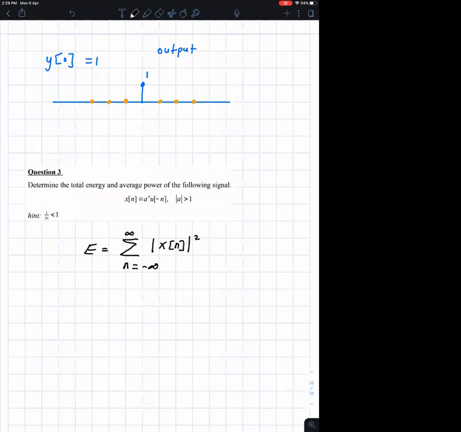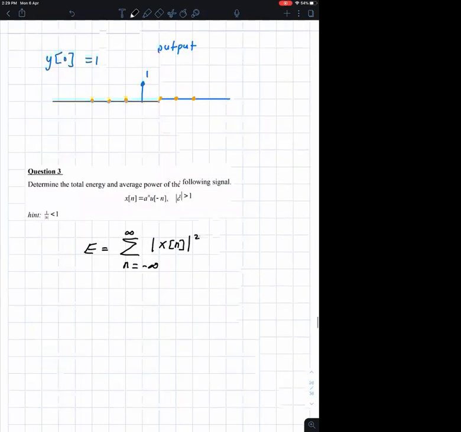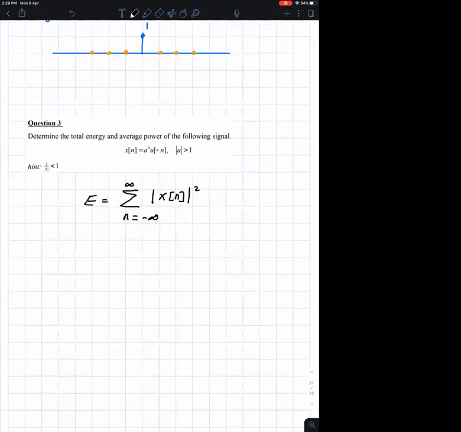So that's the formula to find the energy. Okay, x[n] is given as a to the power of absolute n, u of minus n, and a is given as greater than 1. And also the hint, the hint I gave you during the test: 1 over a is greater than 0, less than 1.